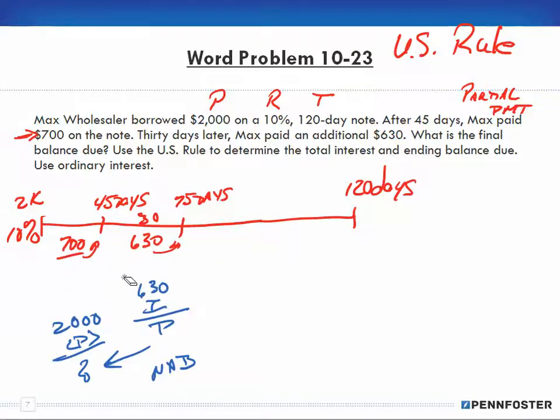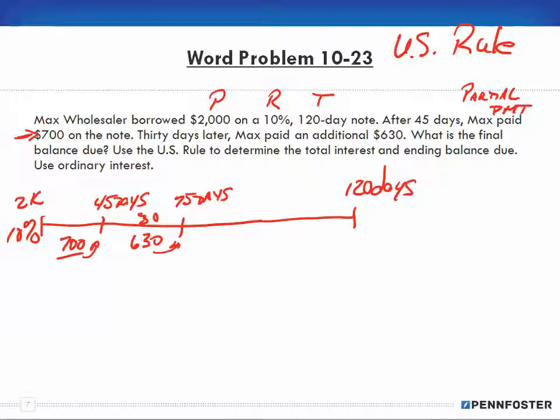Now let's go through the calculations. Remember, interest is equal to principal times rate times time. So I have 2,000 times 10% times the time.